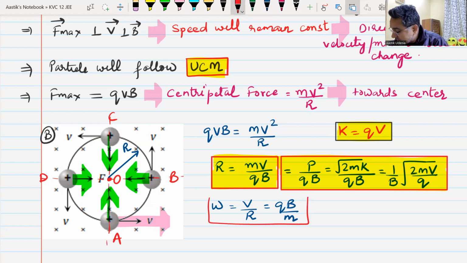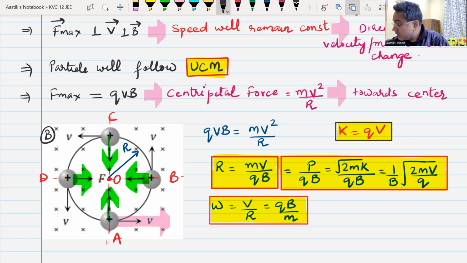Do we understand this? This omega, angular velocity, you can also call it angular frequency, as in SHM. Omega is v by r.